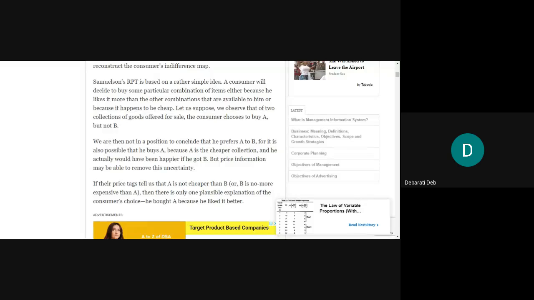So as long as we don't know the price of the good, we cannot say that he is preferring A to B.